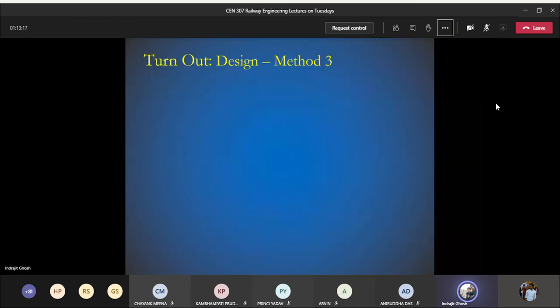Third method, what is there in the third method? From the first method to the second method, we removed one kink. In the third method, we removed another kink. So we are left with only one kink. This is presently used in India, USA and other countries. So there is only one kink at the toe of the switch.